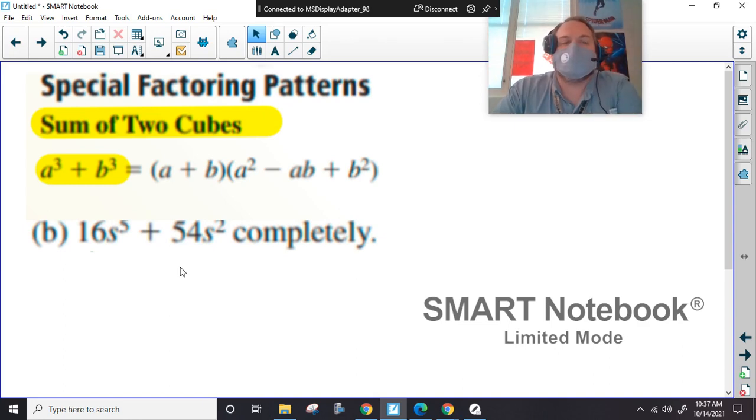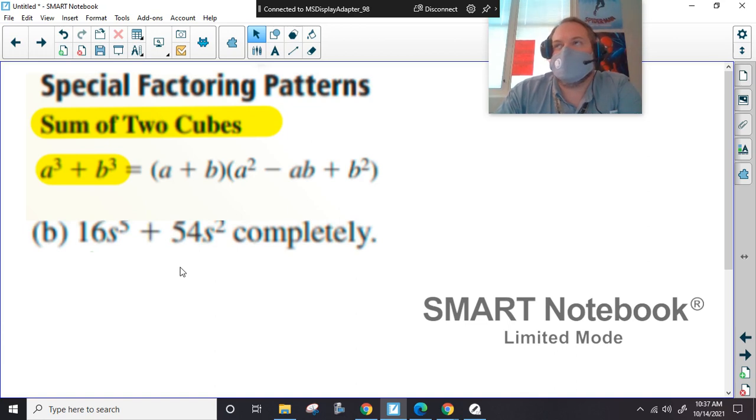So we have to think about this. I would suggest the first thing we do is factor out a 2s squared.